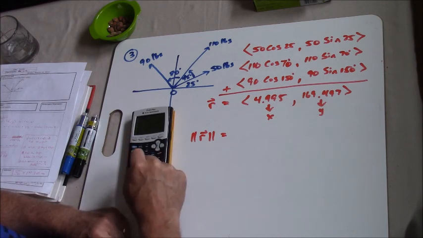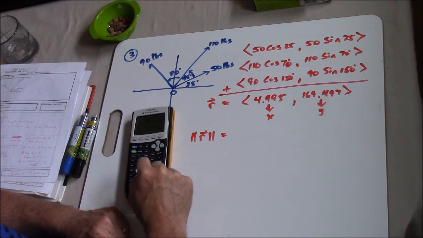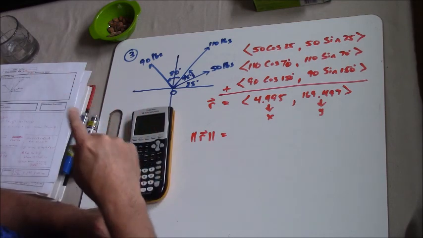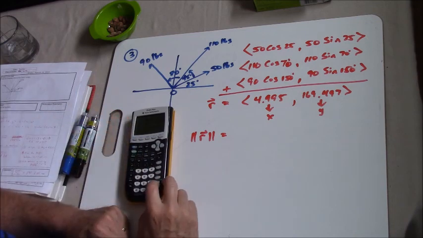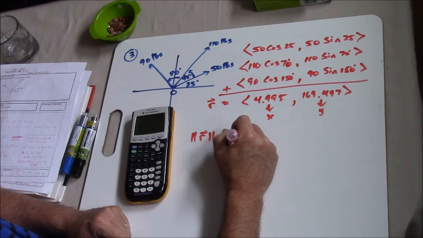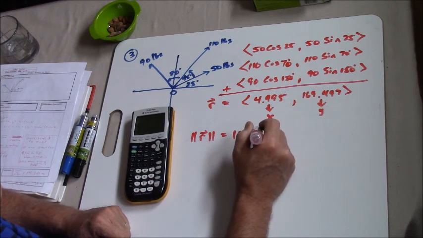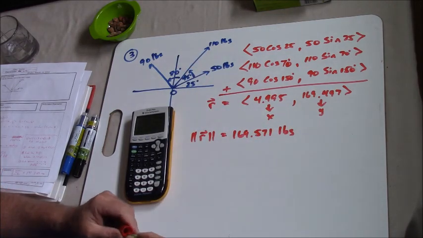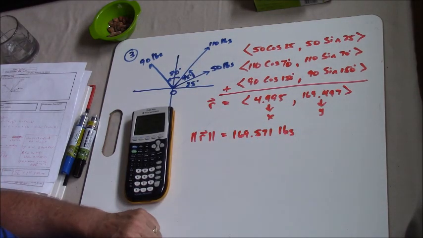square root of x squared plus alpha y squared. I probably could just arrow up and find that and hit enter instead of doing it over again. And so what I got is 169.571 pounds of pressure. Now I need to get the angle.